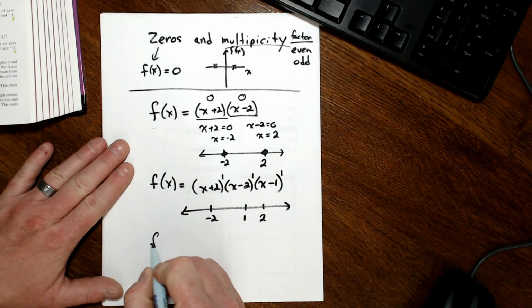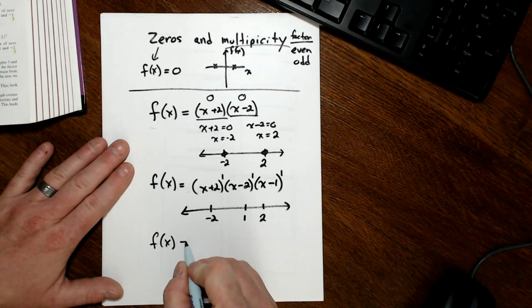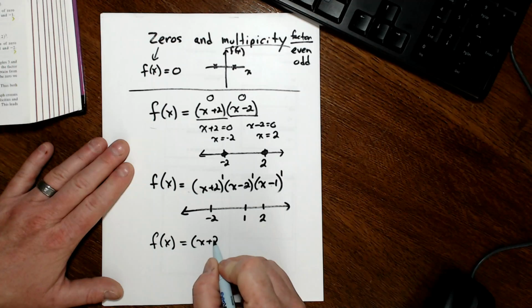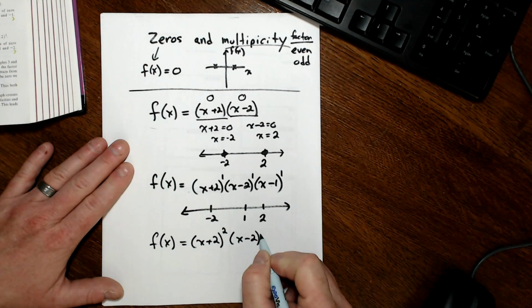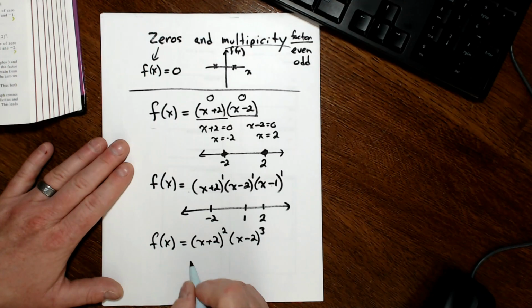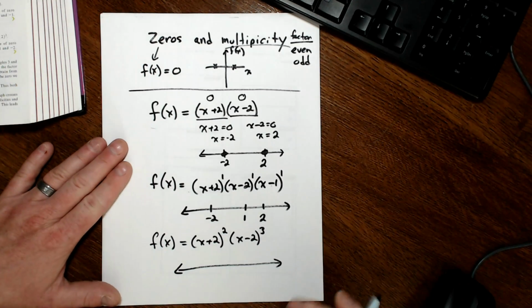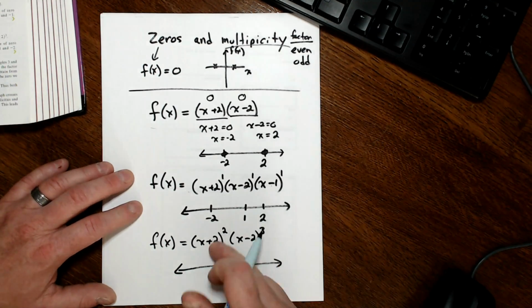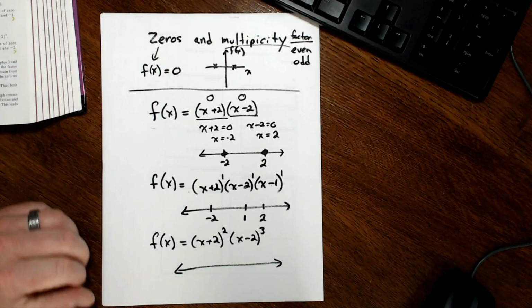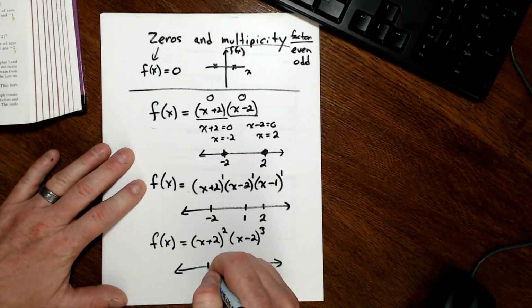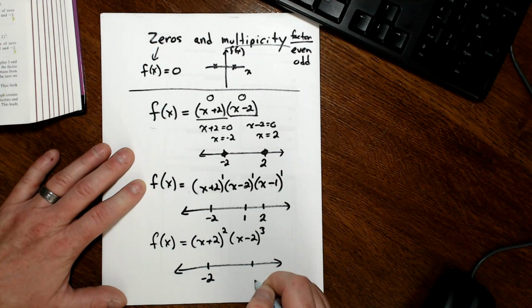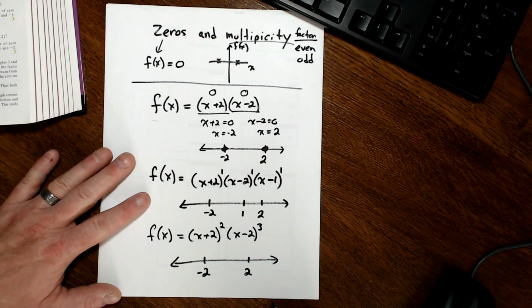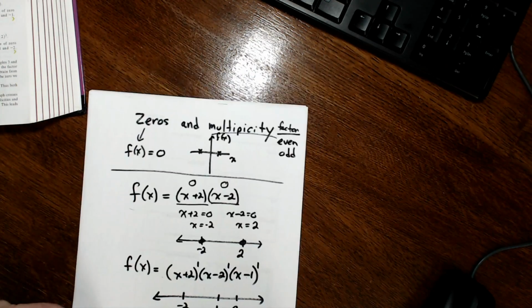If you have factors such that their multiplicity is 2 or any other even number, you're still going to have factors at those points. But what happens to the graph at those points is going to be very, very different. Here we still have negative 2, and we have positive 2. Let me show you what I mean.